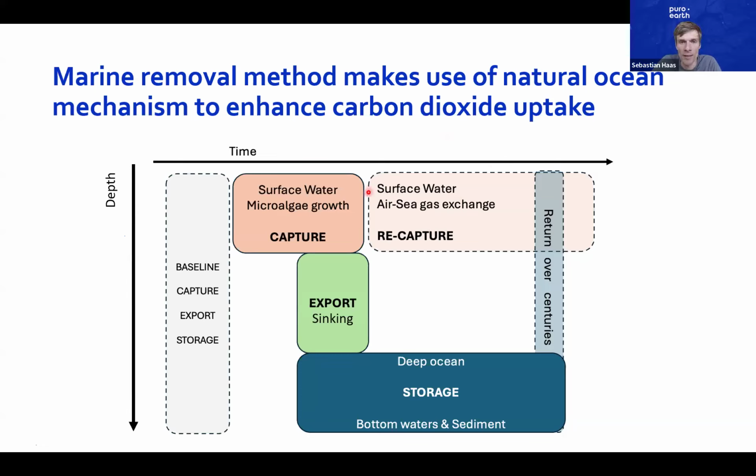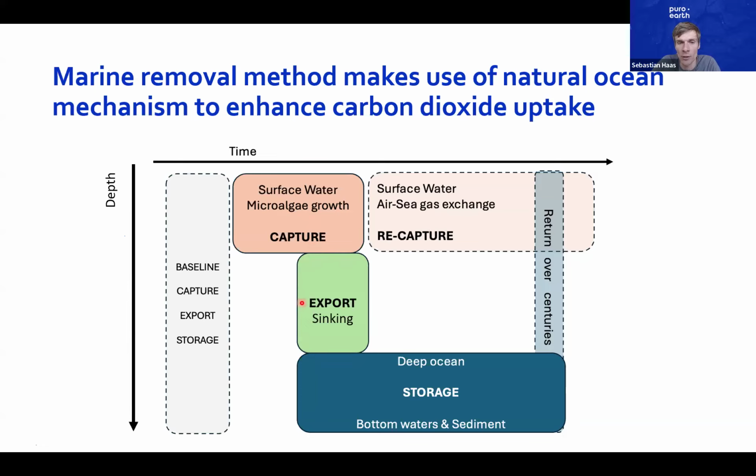Now, to make this sustainable, the next natural ocean mechanism that needs to be employed by this technology is export, or also the biological carbon pump, of exporting carbon that has been captured by photosynthesis near the surface water into the deep ocean.